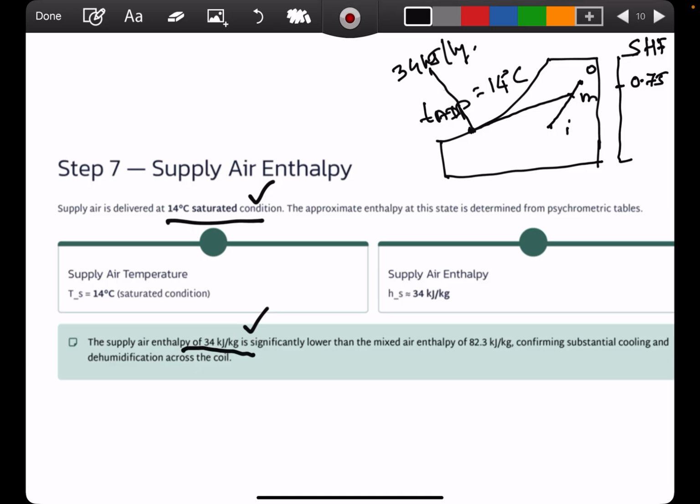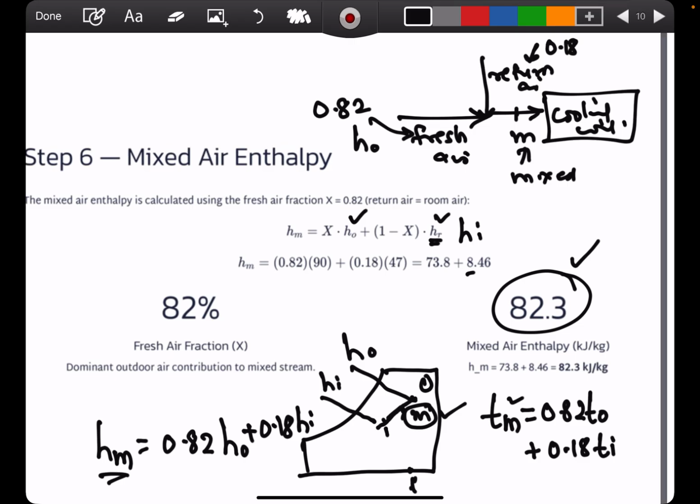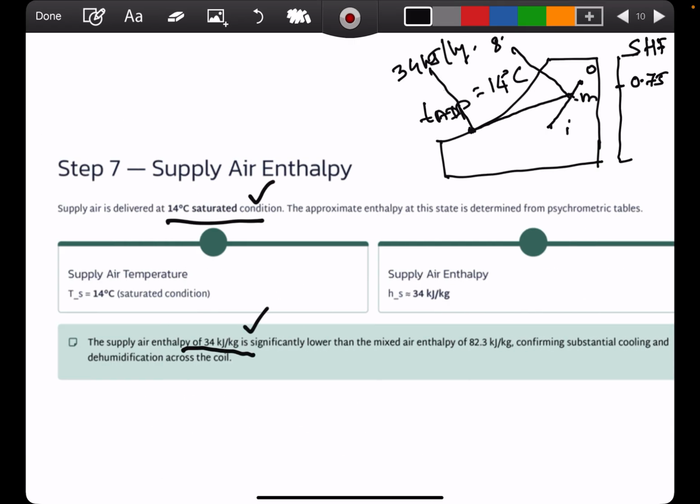So 34 kilojoule per kg is the enthalpy here, and we know the enthalpy at point M, which is around 82.3. The difference in this enthalpy into mass flow rate is the cooling capacity.